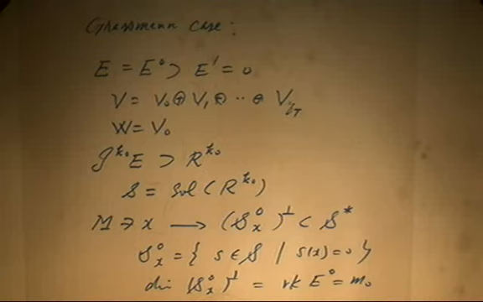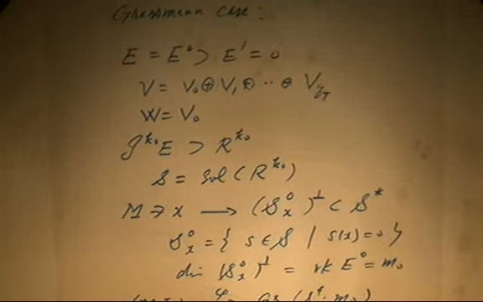Since we are assuming that the dimension of the solution space S is the same as the dimension of V, for each point X we associate the annihilator of Sx0 in the dual space, where Sx0 is the section of S which vanishes at X. Then with some natural conditions, this dimension is equal to the rank of E0.